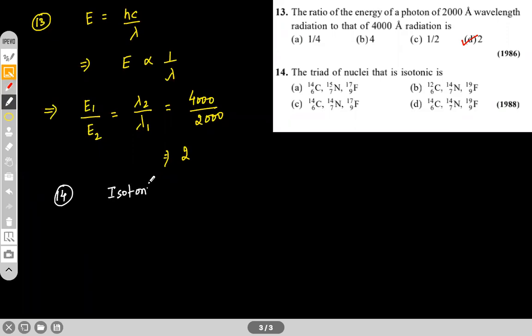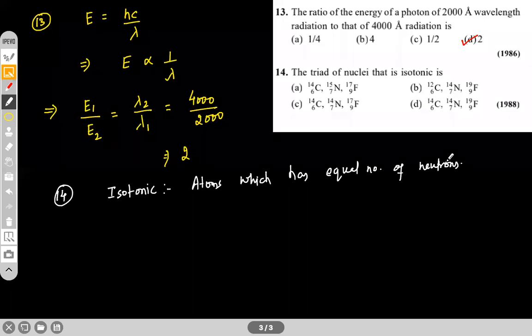Isotonic are the atoms which have equal number of neutrons. Equal number of neutrons. And how do we calculate neutrons?